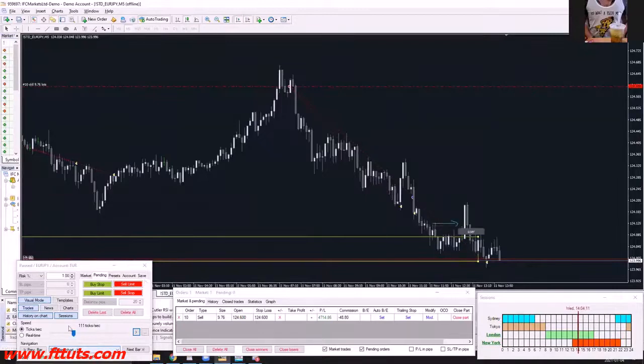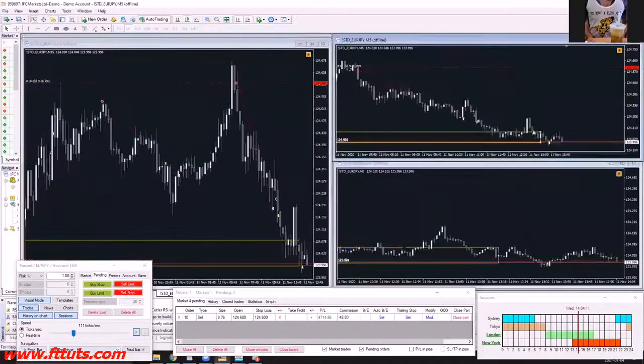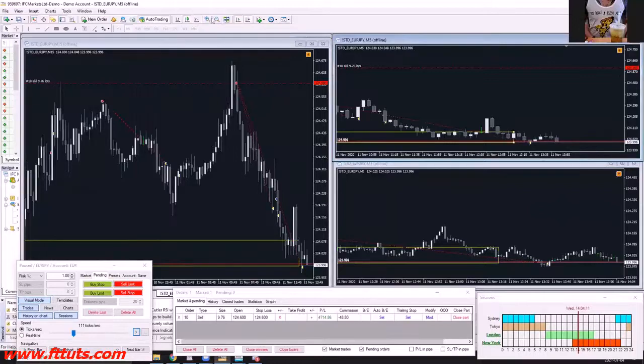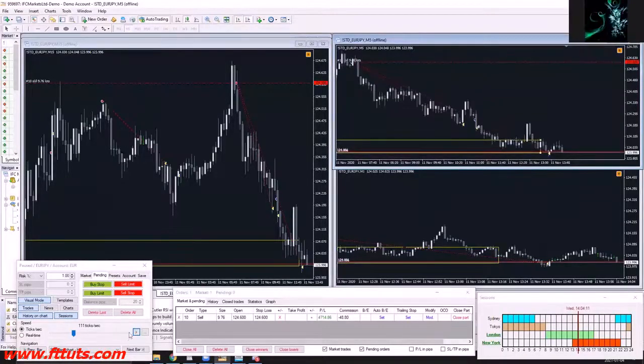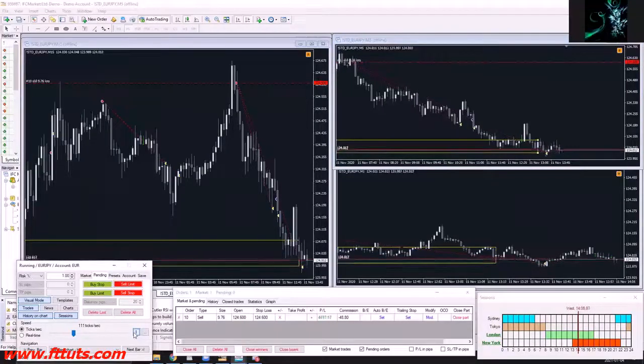This potentially might be a scale in, but I don't think it's going to retrace to that by any means. I think it's going to break down from here. So I'm going to leave it on the 5 for now, or I'll make the 5 minute bigger a little bit. Don't want to force anything yet.